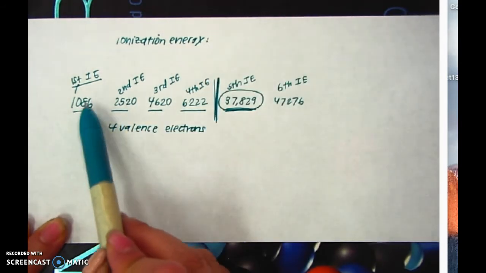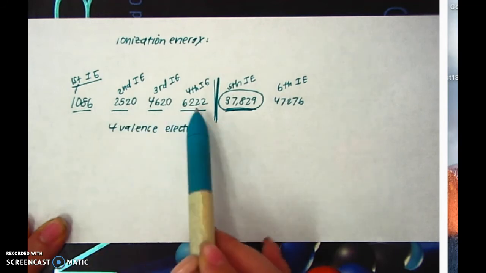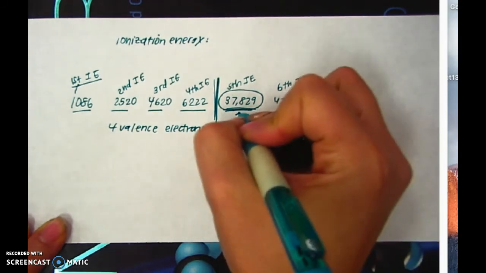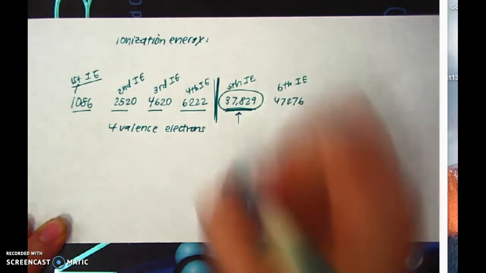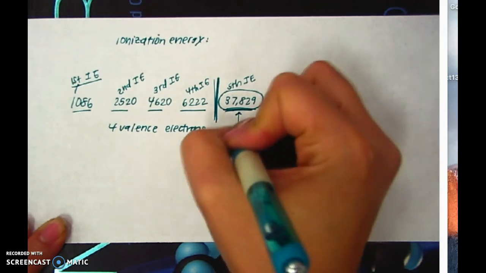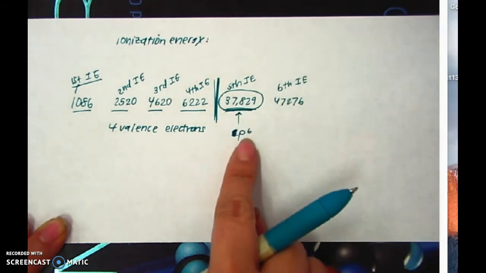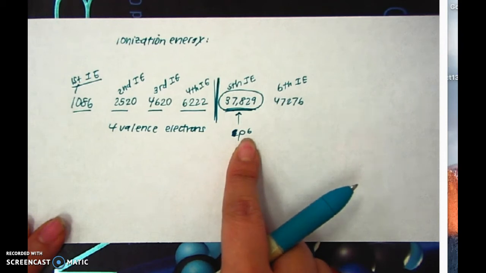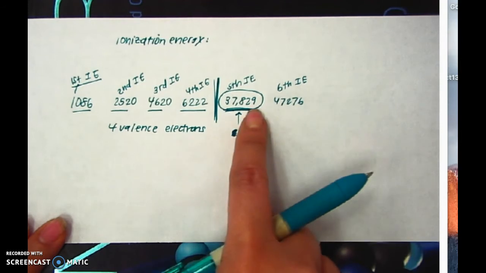Because again, you took off the first one, the second, the third, the fourth, and then once your valence electrons are done, for this fifth electron you're trying to pull off an electron from a full p6 orbital, which is not going to want to happen because this is stable, right? So it takes so much energy to pull it off.